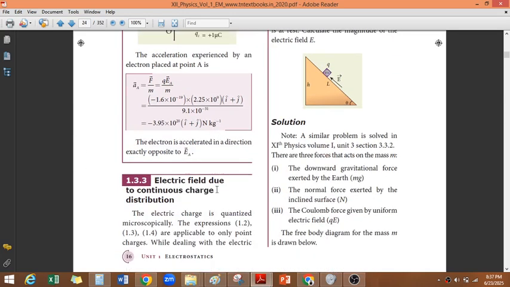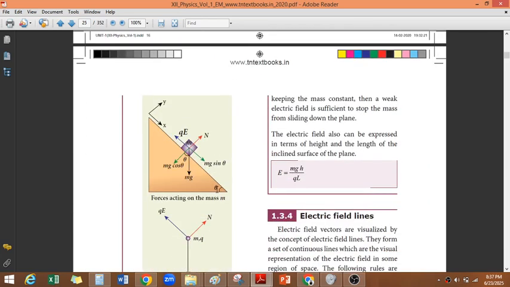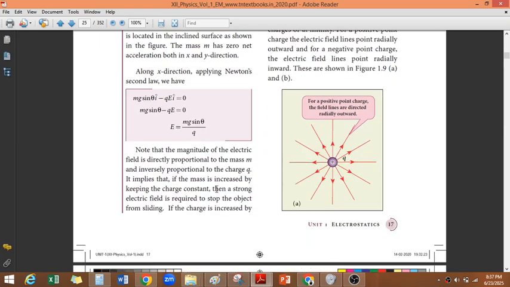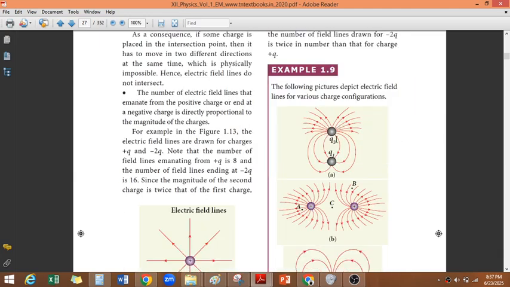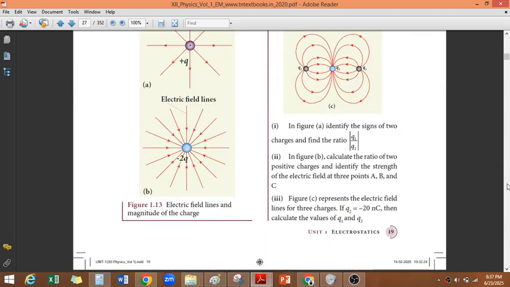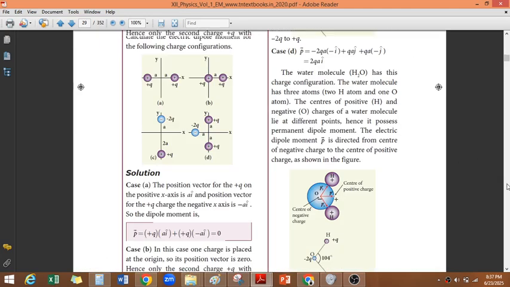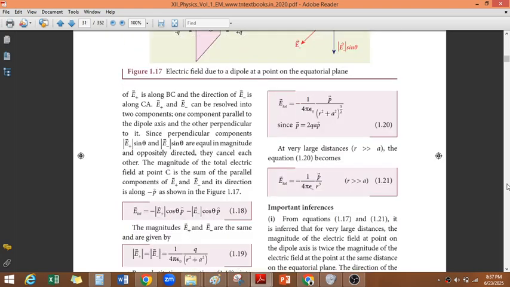Again and again I am repeating, work out all the textbook problems well. Do the example problems and then do all the book back problems. Work out everything.